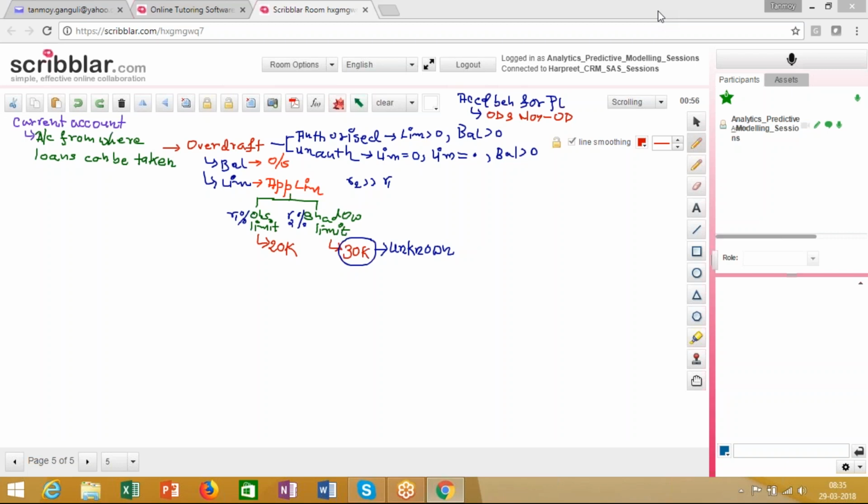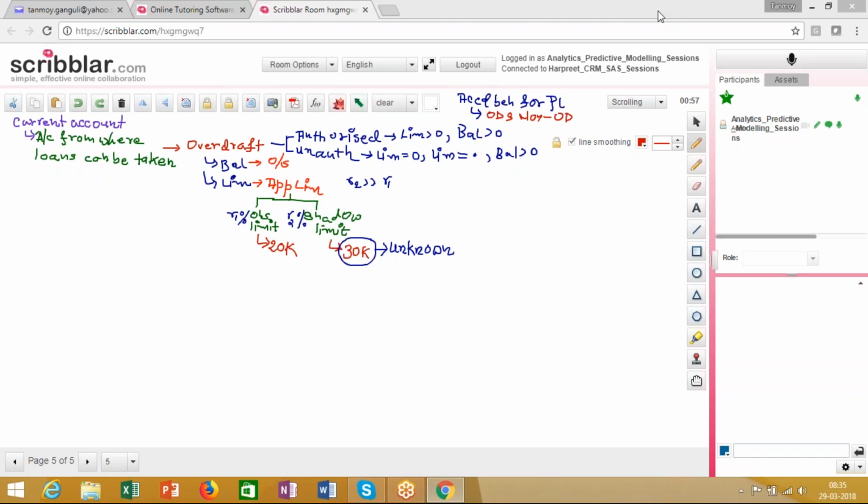So I might just go and pay back the personal loan by drawing money from the overdraft, but I may default on the overdraft. Hence, borrowers who historically have an overdraft facility are considered to be more risky than a borrower who does not have such a product, right?